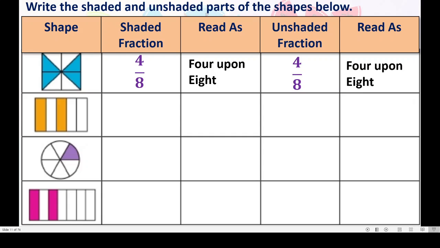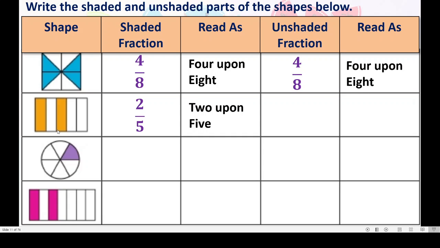Isn't it? Now here the second picture. 1, 2, 3, 4, 5. Total parts are 5. So the denominator will be 5. And the shaded portion is 2. So the answer is 2 upon 5. How to read? 2 upon 5. Correct? And the unshaded fraction.